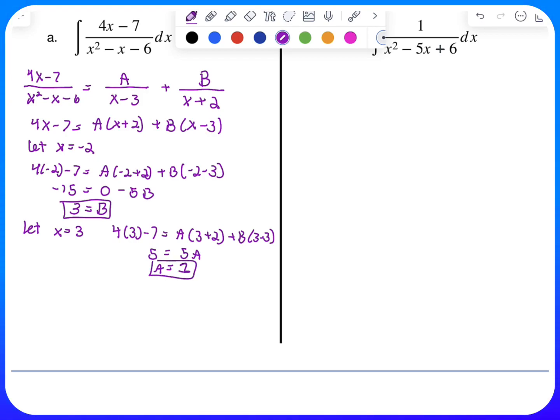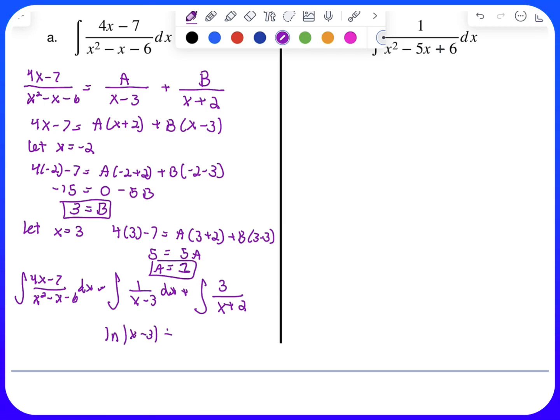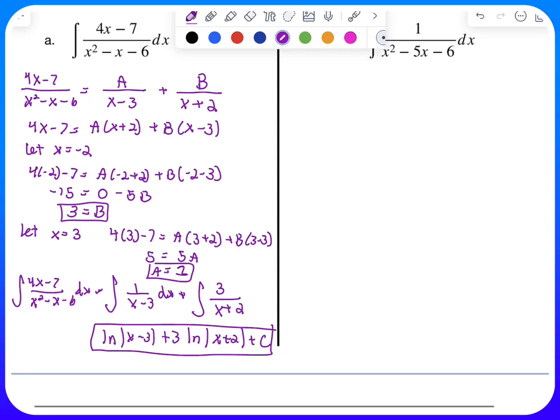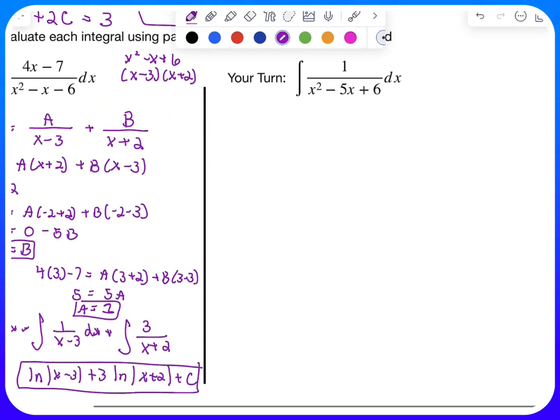So rewriting our integral, I would write this as the integral of 4x minus 7 divided by x squared minus x minus 6 dx is equal to the integral of 1 over x minus 3, because that's my A term, dx, plus the integral of 3 over x plus 2 dx. The integral of this first one is then the natural log of the absolute value of x minus 3. The integral of the next one, the 3 comes out, then it's times the natural log of x plus 2, plus C. And that's how you do integrals of rational functions.